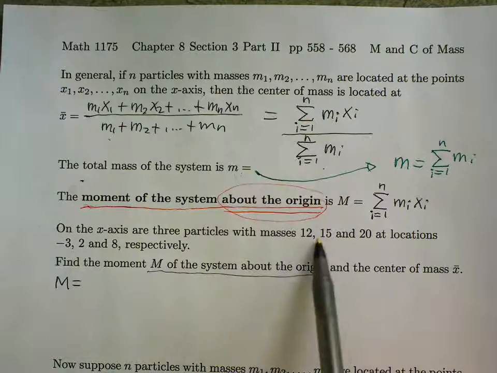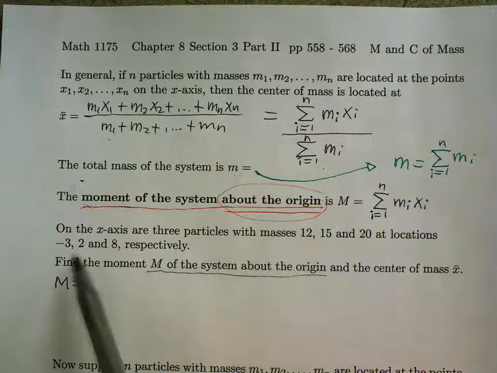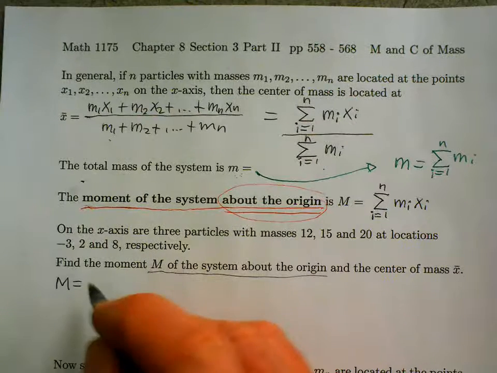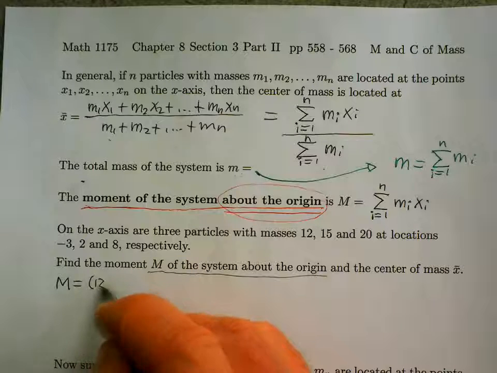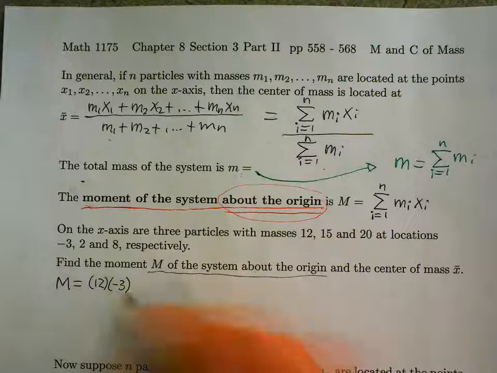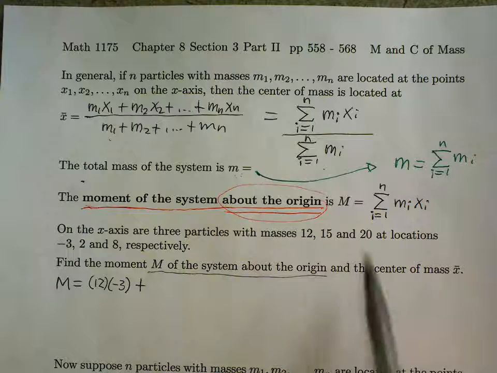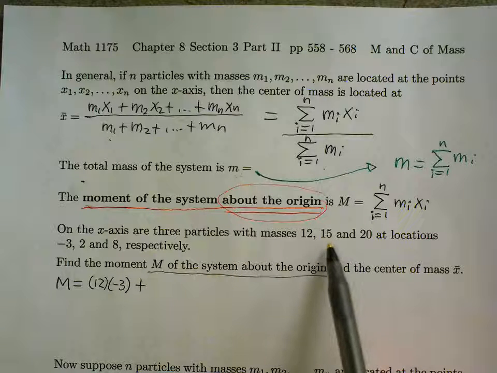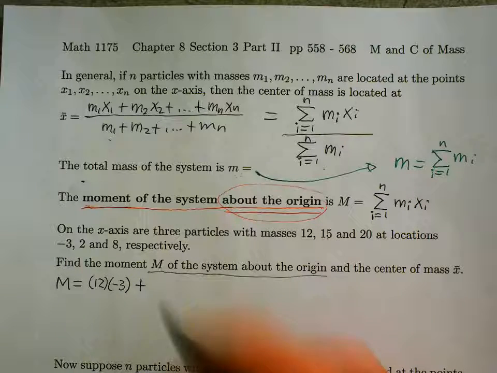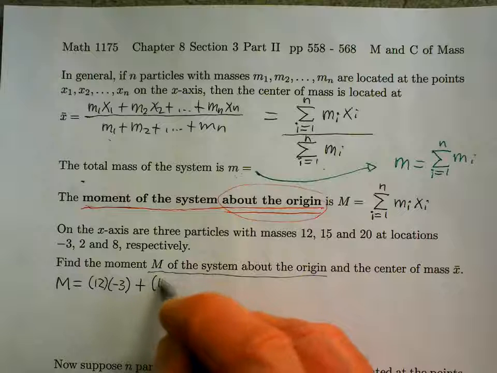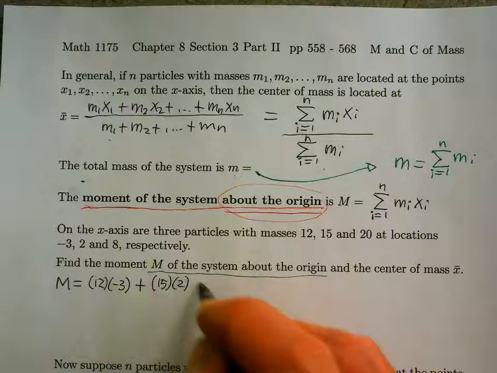Okay, the first particle with mass 12 is located at -3. So the mass 12 times -3. Then we add that to the next moment. The particle has a mass of 15 and it's located at x equals 2. So this is plus 15 times 2.